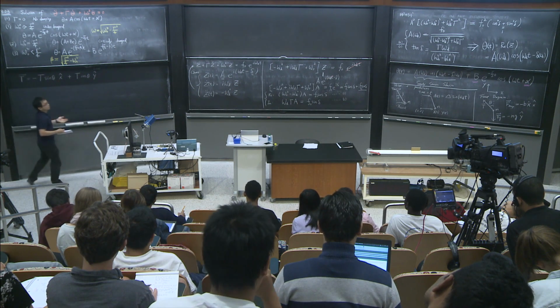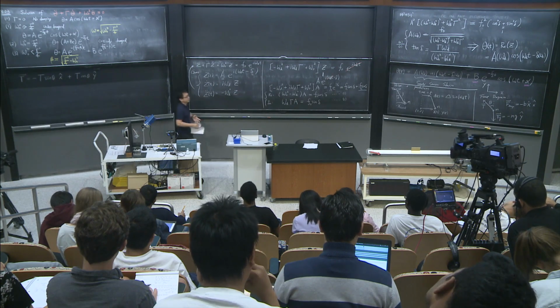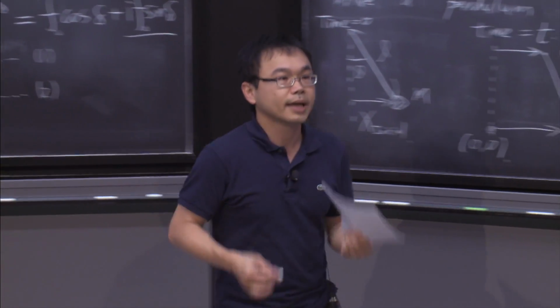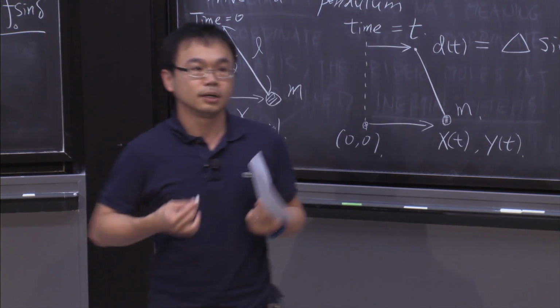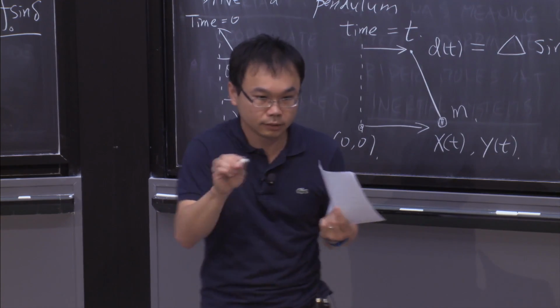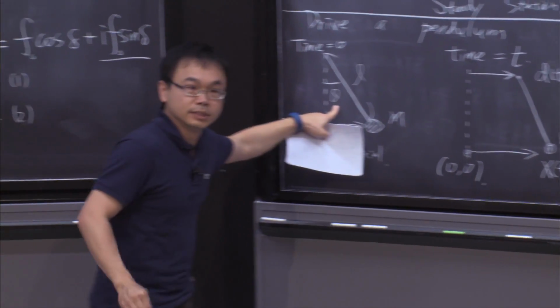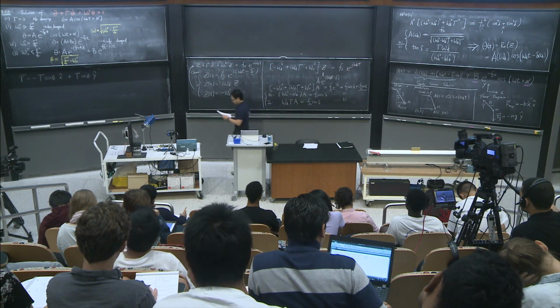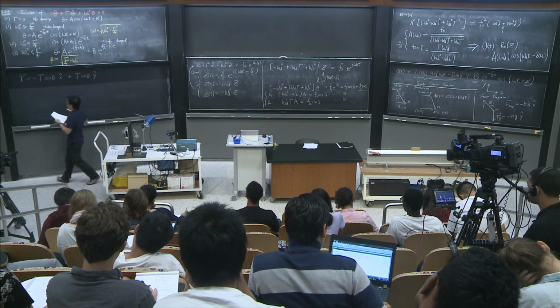As usual, this is pretty complicated to solve. I have this cosine and this sine there, so what I'm going to do is to assume that this angle theta is very small. I will take the small angle approximation.